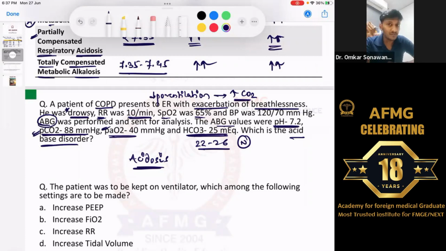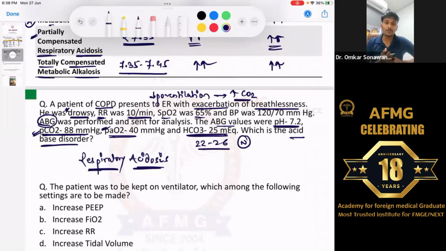Because as the respiratory rate goes down, I told you there would be accumulation of CO2 inside the body, causing CO2 narcosis in the patient, and here the PCO2 values would be highly elevated, which is around 88 mm of Hg. So definitely it explains if CO2 values rise, definitely the patient will have acidosis. And as this acidosis is due to the respiratory component or the CO2 component, definitely the patient is suffering from which acid-base disorder? Here the patient is suffering from respiratory acidosis.